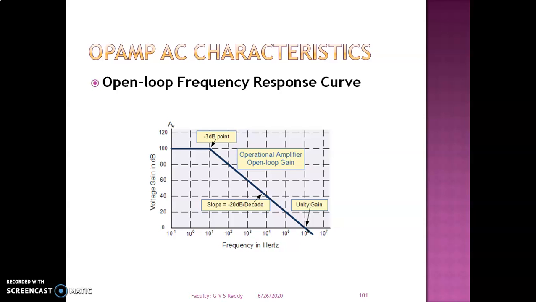Open loop frequency response of operational amplifier. This figure represents the open loop frequency response of the operational amplifier. It shows the maximum response up to 10 hertz, and thereafter it goes on decreasing.